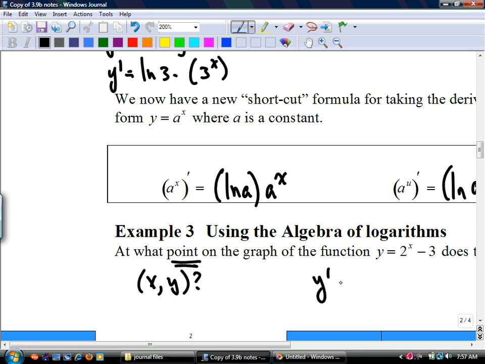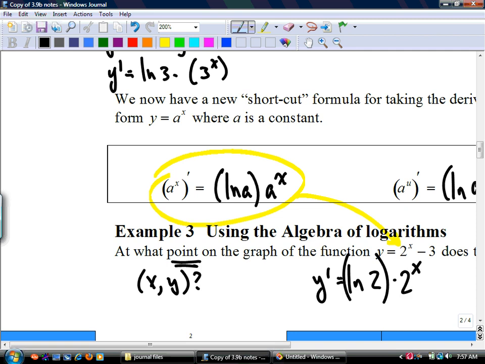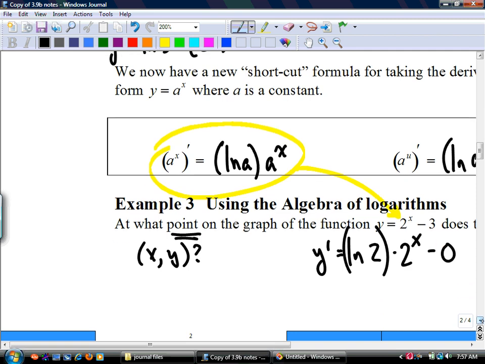So y prime equals, take the derivative of 2 to the x minus 3. ln 2 times 2 to the x minus 0. So has a slope of 21. 21 equals ln 2 times 2 to the x.